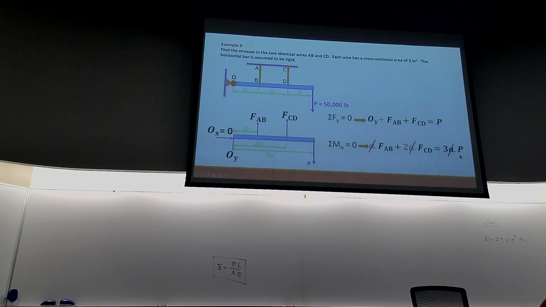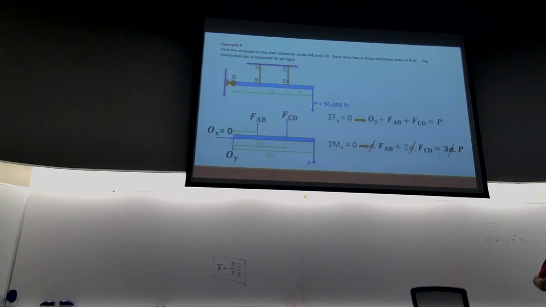So as you can see, we have the same situation again. We have two equations and three unknowns. The unknowns are OY, FAB, FCD. So this was the statics part of it, and once again, we have a statically indeterminate system.